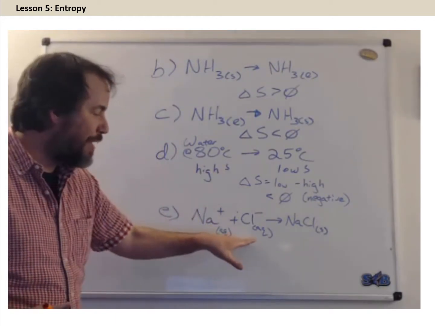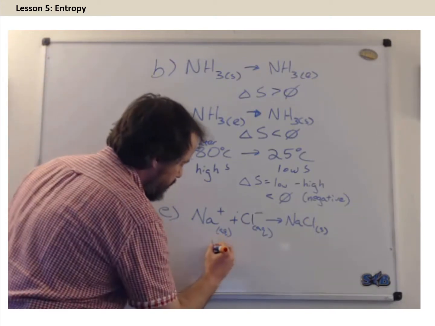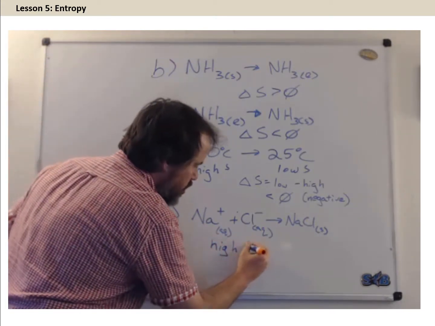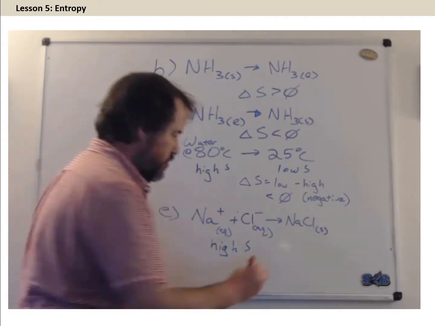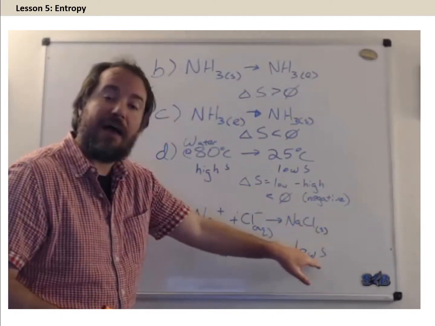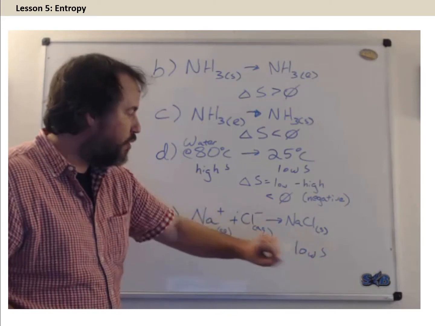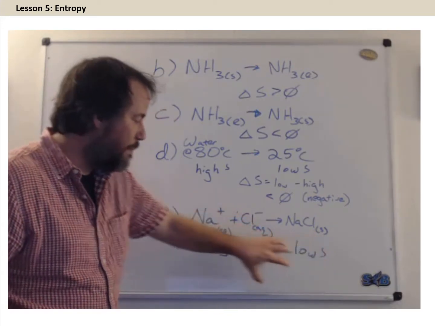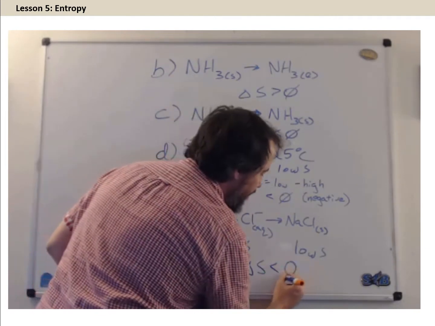So this is going to be really disorganized. Think of salt water. Whereas NaCl solid would be a salt crystal. This is more organized, so it'll have a lower S. I'm going from high to low, so my delta S will be negative, or less than 0.